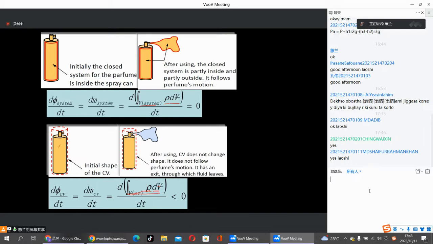Some stay inside the spray can. This is some perfume still inside the spray can, and some perfume goes outside the spray can.